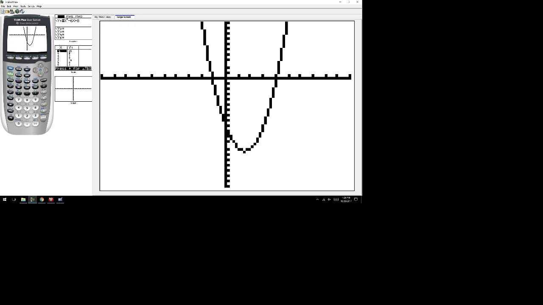And then second, calculate. What did you change it to? Negative 20.